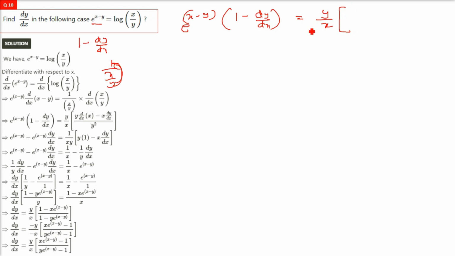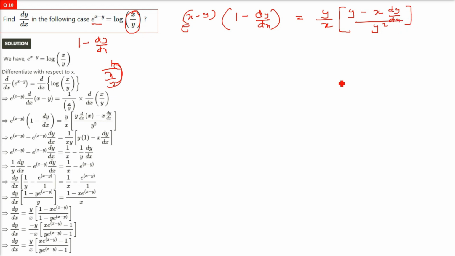So y by x into differentiation of x by y. What is x by y? We have to differentiate now x by y. We'll use the quotient rule here. So we have y square here, and this y goes here, d by dx of x. D by dx of x is 1 only, I'm not writing it, minus x into dy by dx.